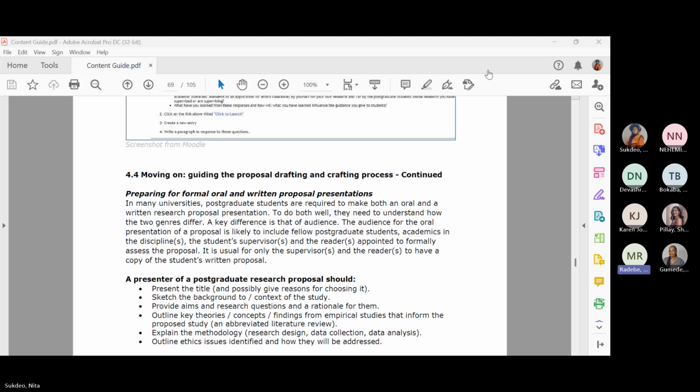So I encourage the student, after I give them the feedback, to come back to me to question and to seek more clarity, so that there is that dialogue, that conversation taking place in my supervision. So I've been giving feedback in that way.